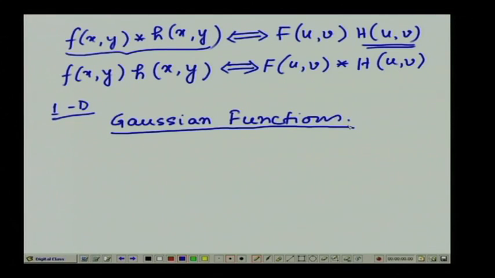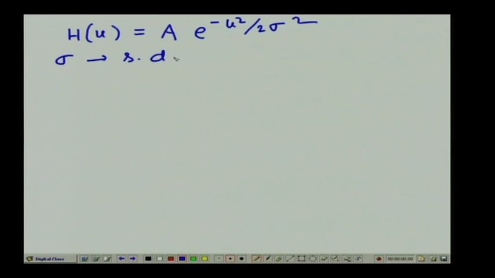Not only that, the forward Fourier transformation and the inverse Fourier transformation of Gaussian functions are also Gaussian. So, I can write a Gaussian filter in the frequency domain as H u equal to some constant A e to the power minus u square by 2 sigma square, where sigma is the standard deviation of the Gaussian function.